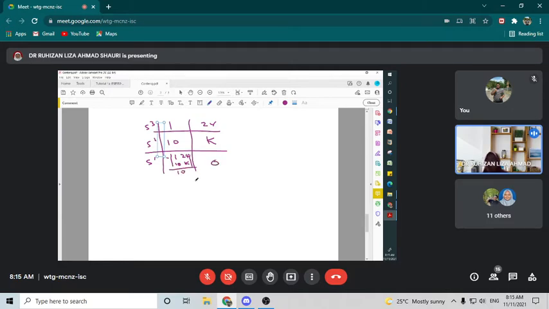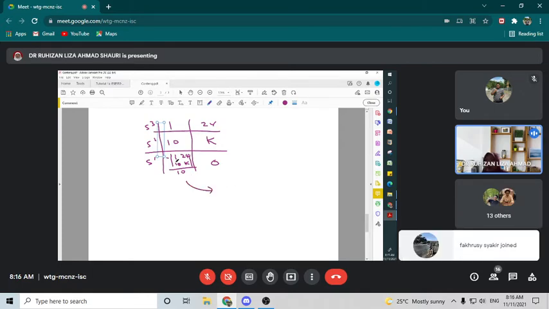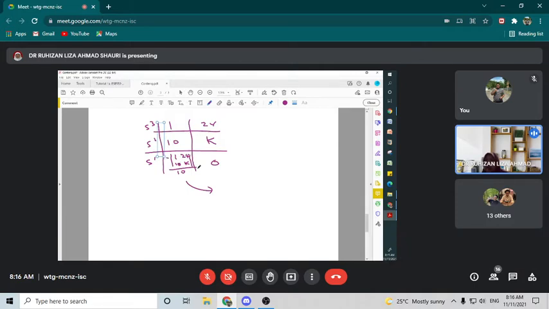Okay, so this is 0 already. Taking that, your calculation would be supposed to be k minus that, right? But since I have negative there, I start the other way around. 240 minus k equals 0.